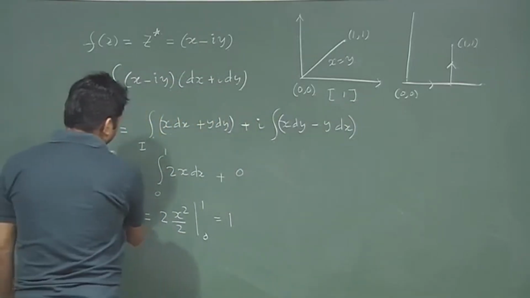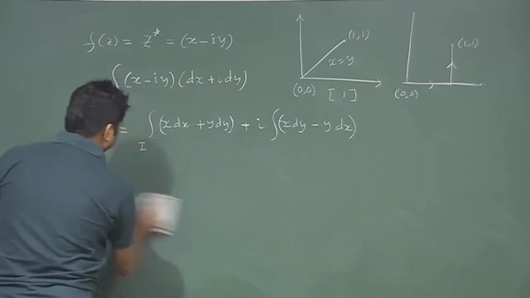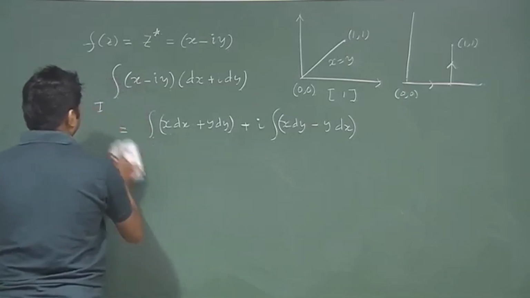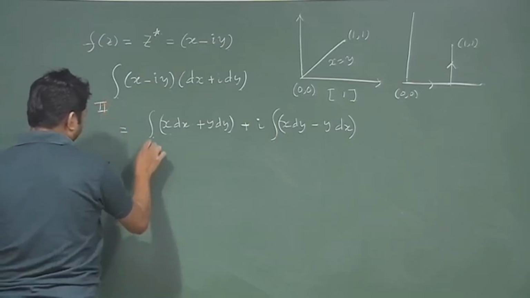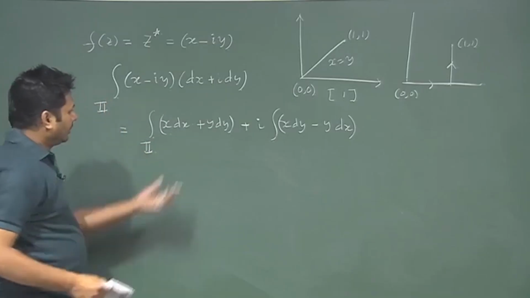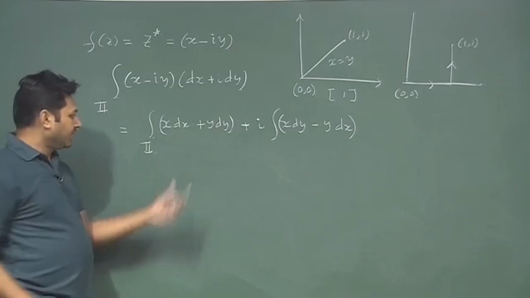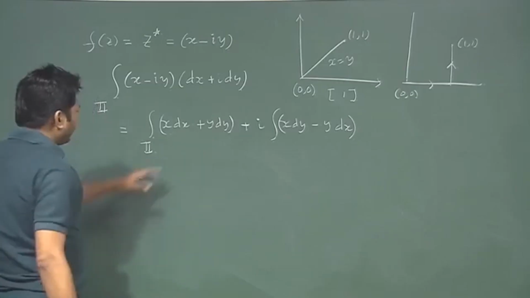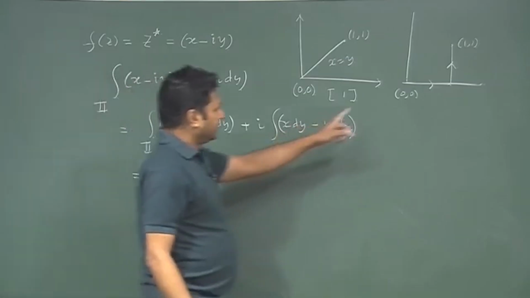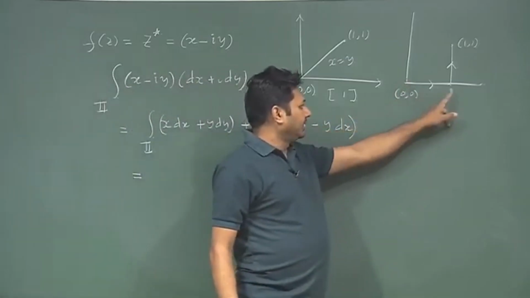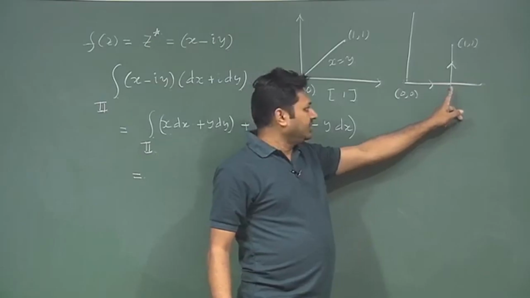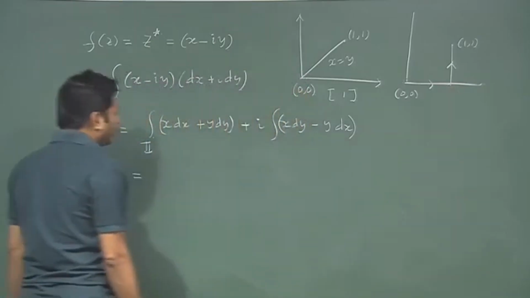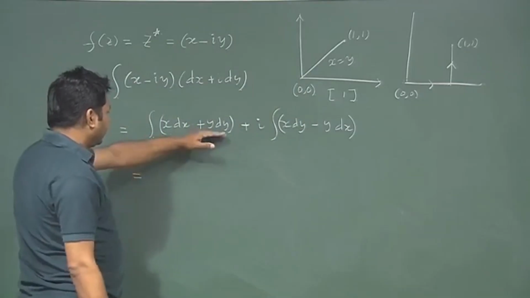What about the other path? For path 2, what are we getting? In the first part, from here to here, I do not have any change in y, only change in x, and y is 0. So, this quantity is going to vanish.